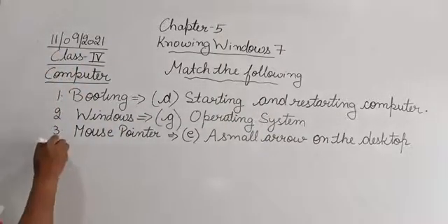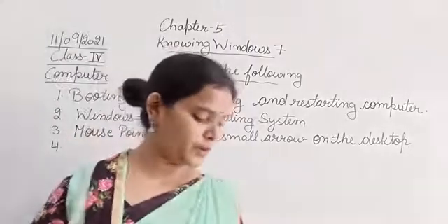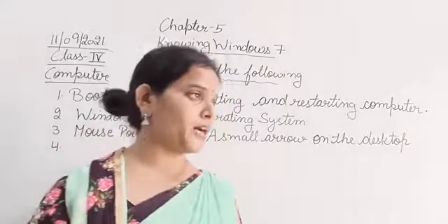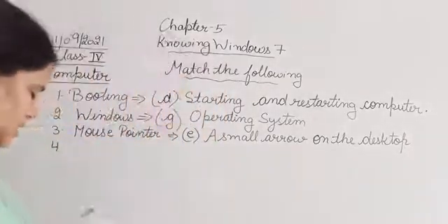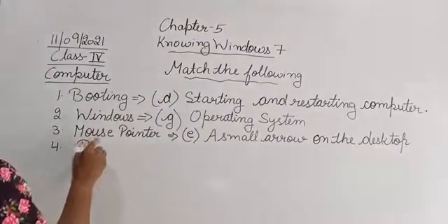Next, the fourth one. The fourth is ribbon. What is a ribbon? Ribbon is the groups of related commands in tabs.